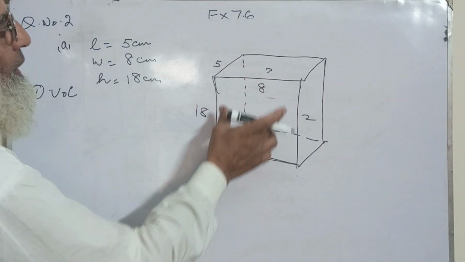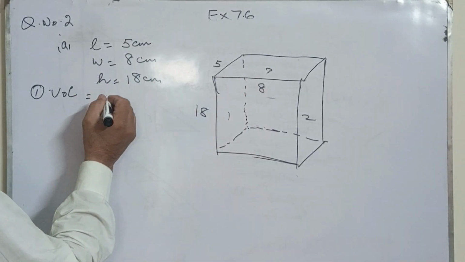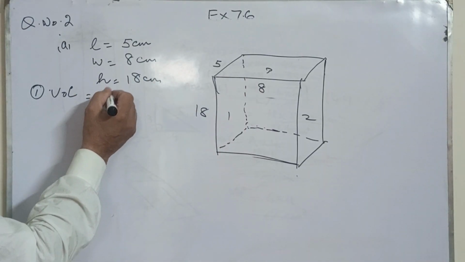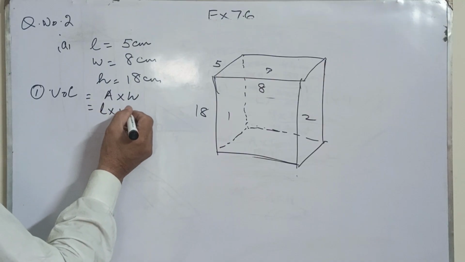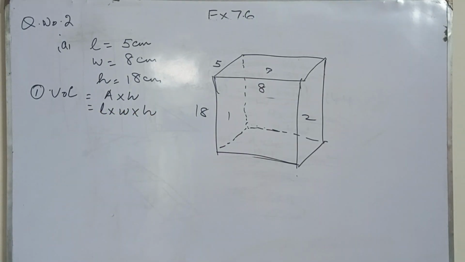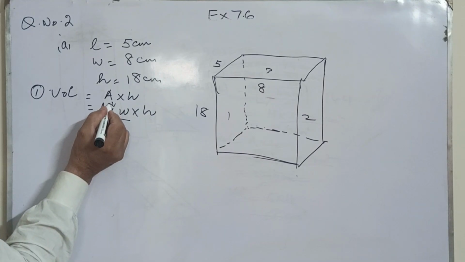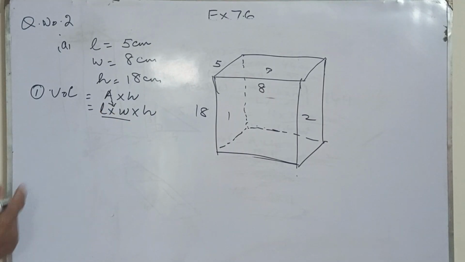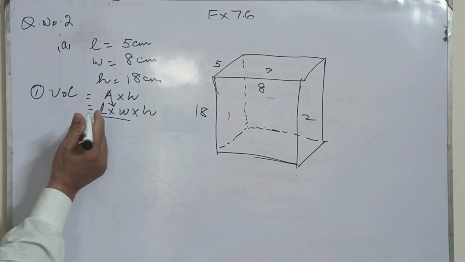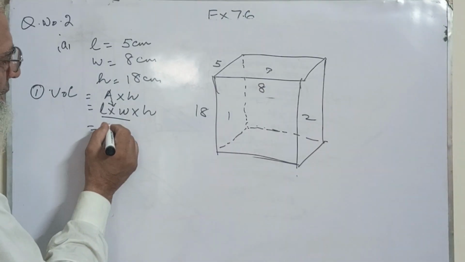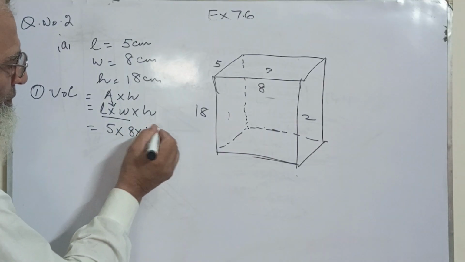So you see the base is this, which is 5 multiplied by 8. What was it? It was area into height, or L into W into H. One and the same thing. This is the area. Or you find the area and multiply it with h, or just do it straight away. 8 multiplied by 18.